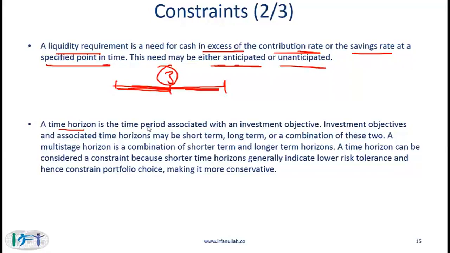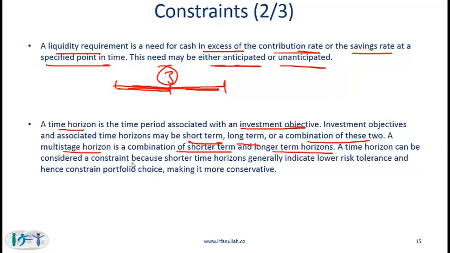A time horizon is the time period associated with an investment objective. Investment objectives and associated time horizons may be short-term, long-term, or a combination of the two. A multi-stage horizon is a combination of shorter-term and longer-term horizons.